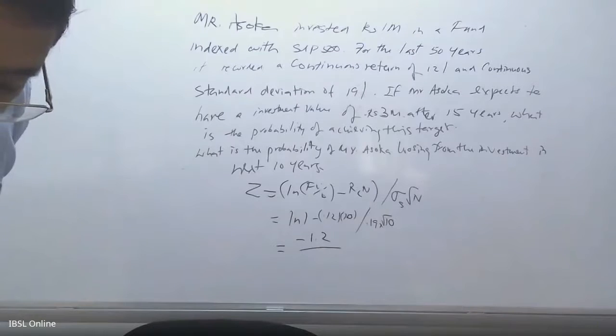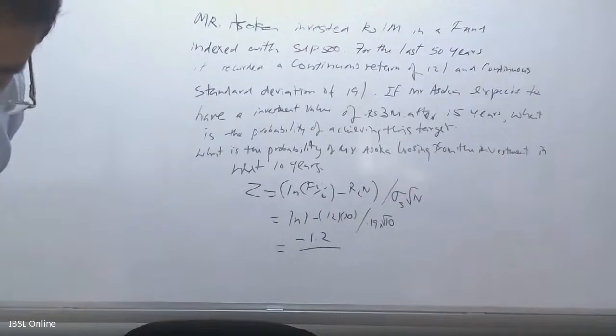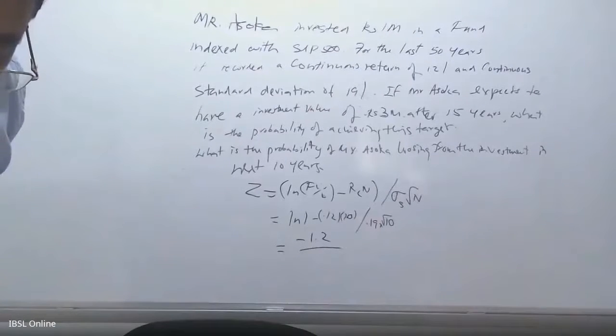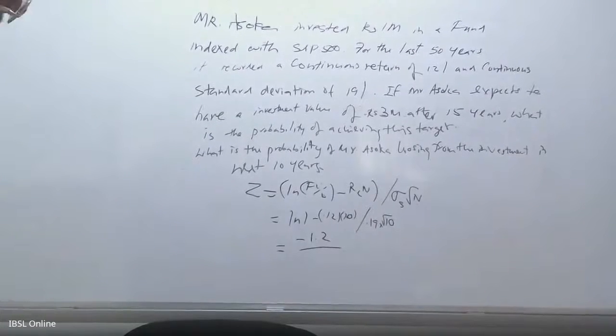Square root of 10 is 3.16, and it has to be multiplied with 0.19. So 0.19 into square root of 10 is 0.6008.